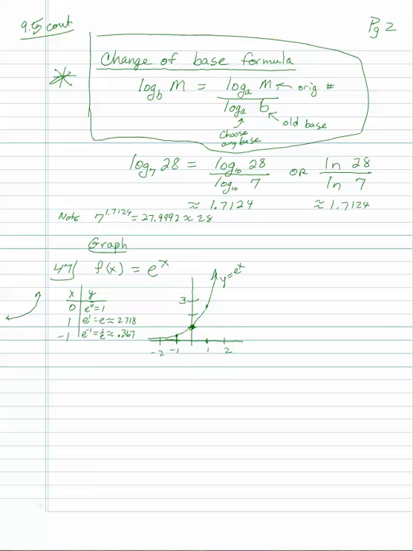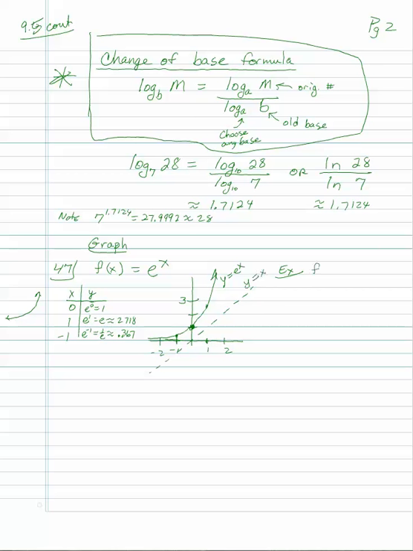Now logarithm, remember, a logarithm is the inverse function. So this is not an exercise, just an example. I'm going to graph on the same one. y equals x. So remember, we just switched the x and y.